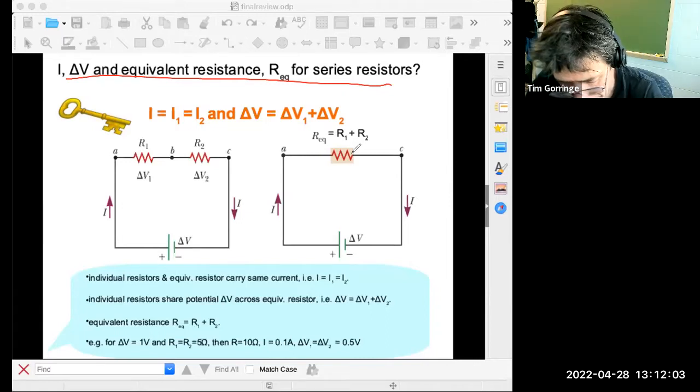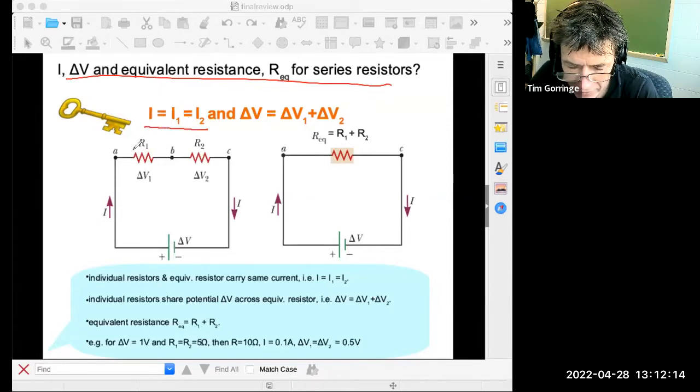Now, there's a couple of key things I just wanted to remark on for a pair of series resistors and their equivalent resistor. For the pair of resistors in series, the same current has to flow through both resistors. Each electron has to flow through both resistors. So the current through resistor 1, I1, and the current through resistor 2, I2, is the same as the current through the equivalent resistor, I. The two resistors, on the other hand, share the electrical potential.